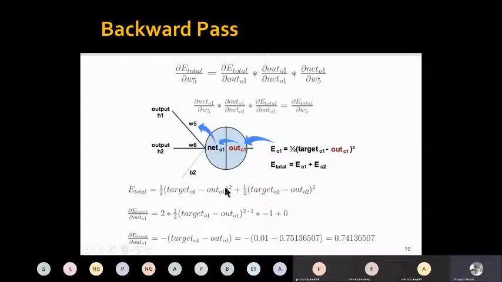And now, very similar to the previous case, differentiation of x square is 2x. That's why I'm using the half also before. So 2 into half, target O1 minus out O1, into minus 1. Minus out O1 differentiated with respect to out O1 is minus 1, plus 0. So del E total by del out O1 is, we can put this value.